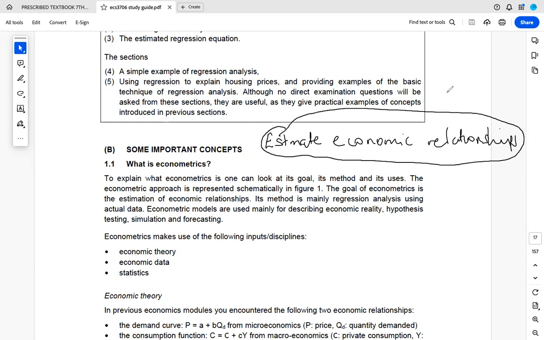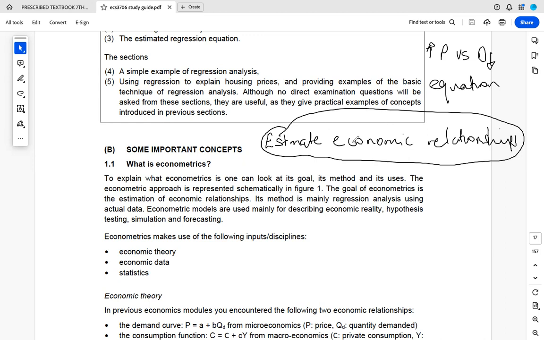Now, we know that in economics, there are a lot of relationships. We know there's price versus demand. We know there's this relationship that as prices go up, demand goes down. So this is a relationship, an economic theory. So we might want to put this economic theory into an equation, into a mathematical relationship. So that's what econometrics is all about.